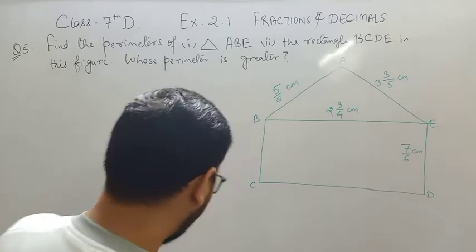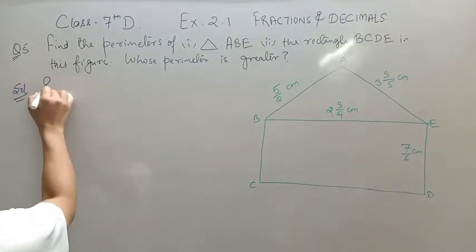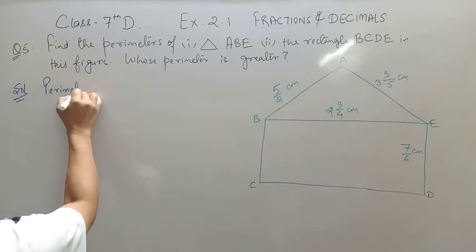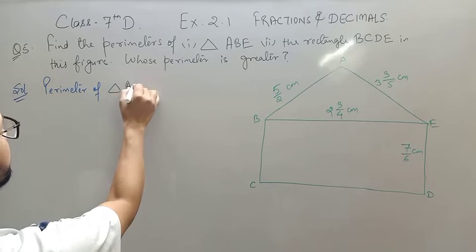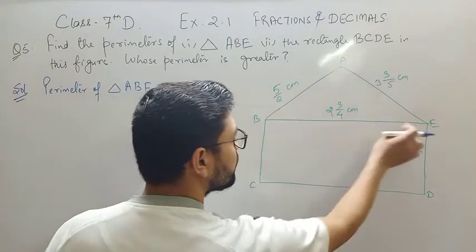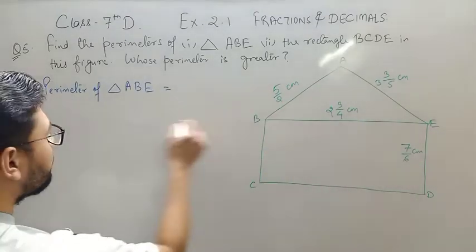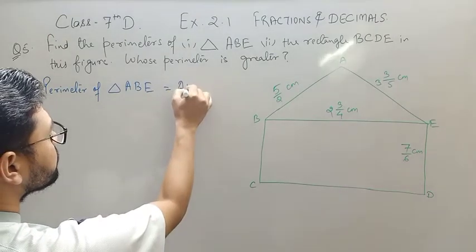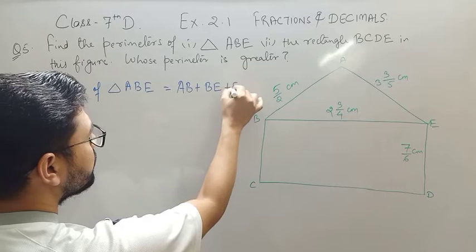So I'll write here: perimeter of triangle ABE is equal to the total length of its periphery or its boundary, and the boundary is AB plus BE plus EA.